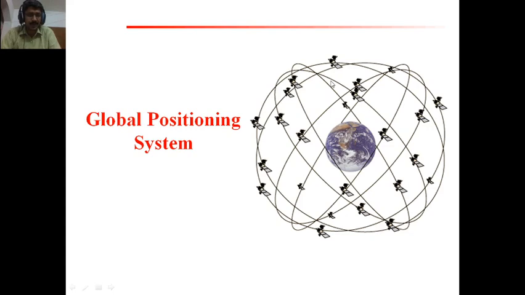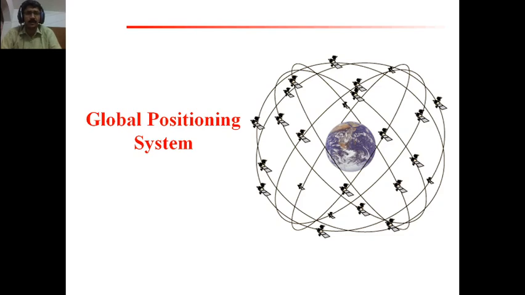Almost 24 satellites are continuously revolving, with 2 satellites as a backup. If we are able to get a minimum of 4 satellites, we will get the exact coordinates of our position, right? To get that, there are various varieties of GPS available in our Android mobile phone.